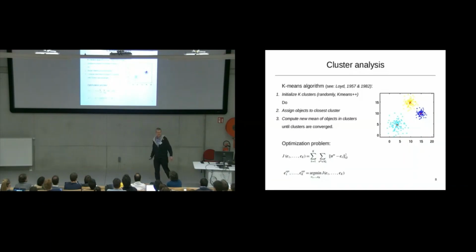So this is the k-means algorithm, which I find very beautiful. And what we hope to have solved is an optimization problem. We want to minimize the average representation error with respect to the data.